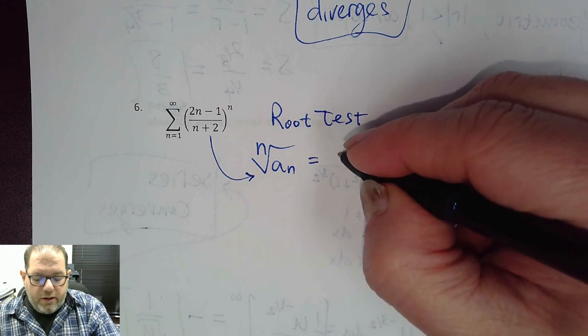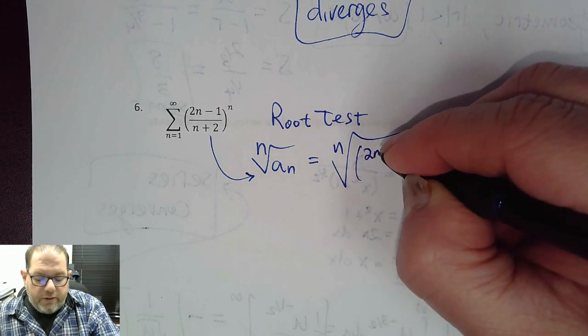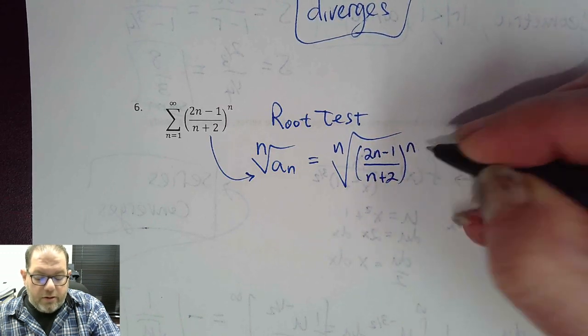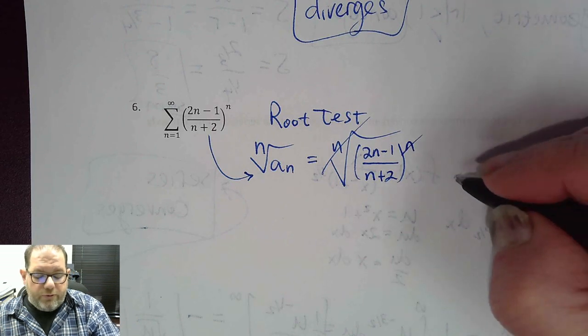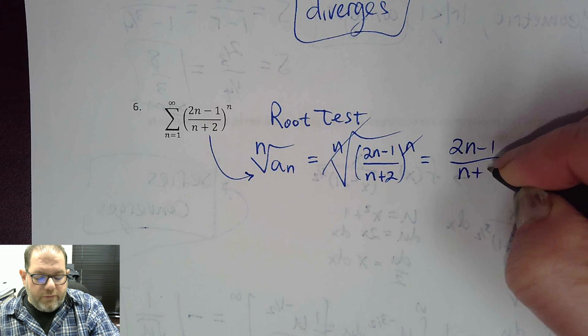And that's basically saying we take the nth root of something that is to the nth power, then that root and that power cancel out, and we're just left with 2n minus 1 over n plus 2.